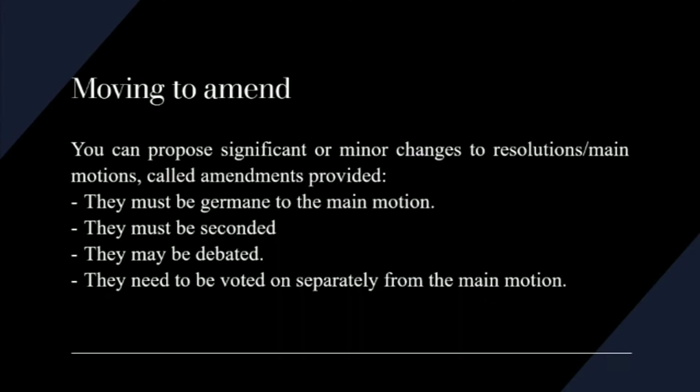Moving to amend. At any point in time that a motion is presented, if you agree with the motion, and the motion is during debate, but you feel that the motion should be made a little differently, it could be anything that you wish to amend.